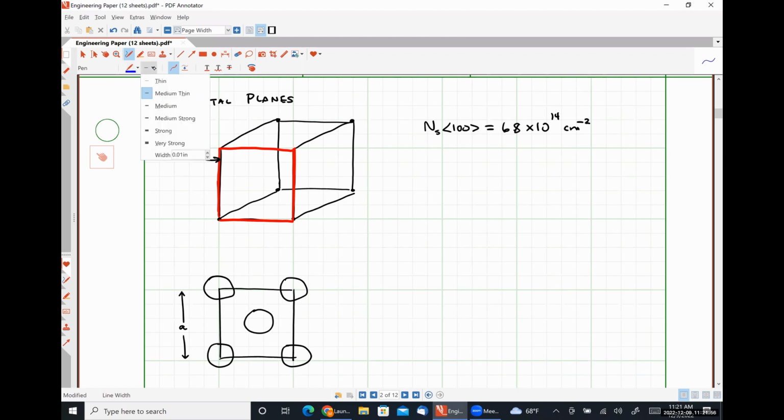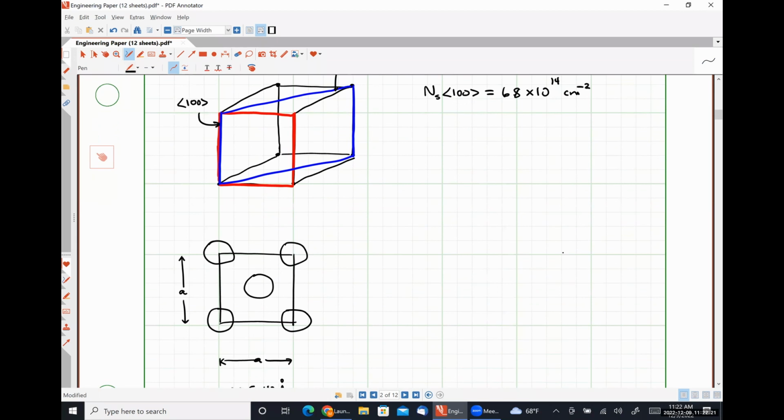Our 1, 1, 0 family of planes are going to be these guys. The 1, 1, 0 family of planes has a different area.